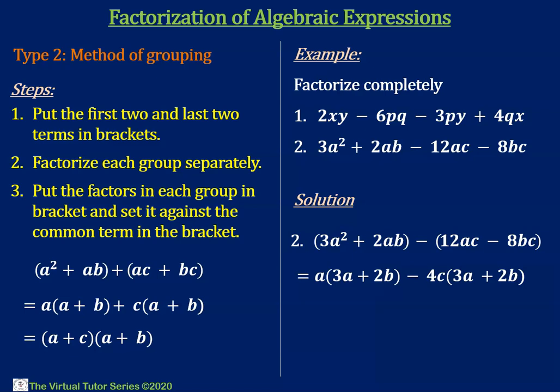Since 3a plus 2b is common to each group, we put the factors in bracket and set it against 3a plus 2b. That is a minus 4c in bracket, against 3a plus 2b in bracket.